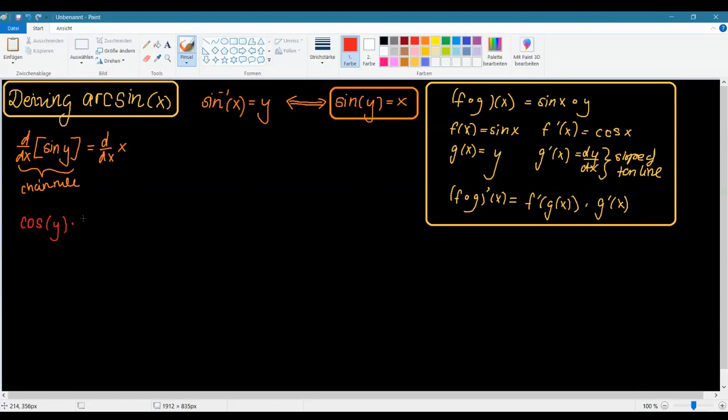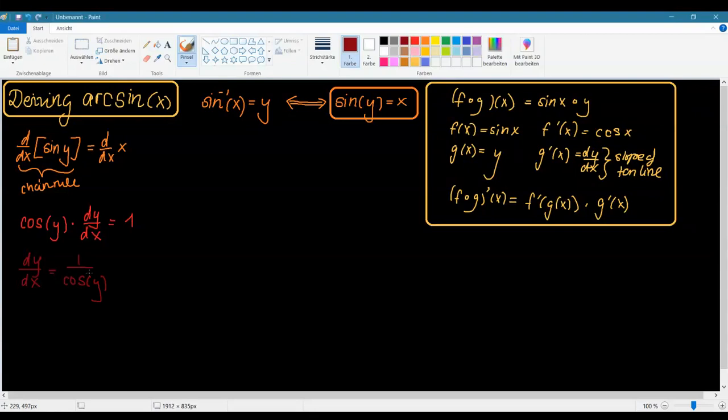And we're going to multiply that by g prime of x, which is dy over dx. And on the right side, we just have 1. Well, now we're just going to divide by cosine y, because then we have dy over dx on one side. So we're going to get dy over dx, which is our derivative, is 1 over cosine y.